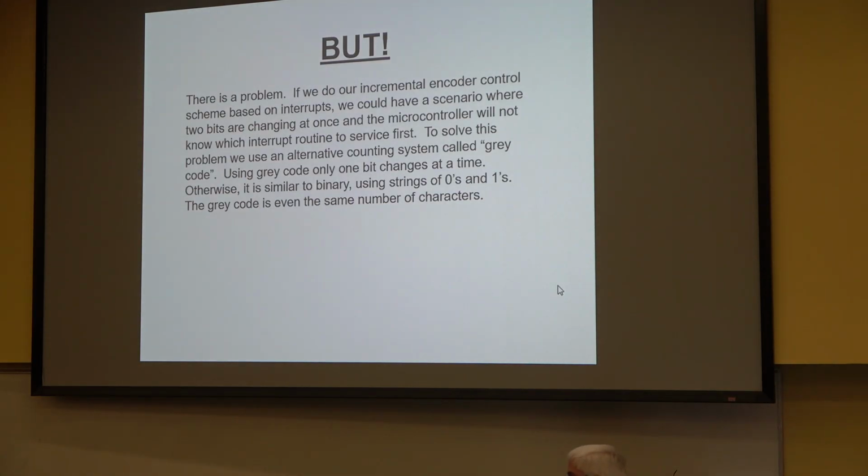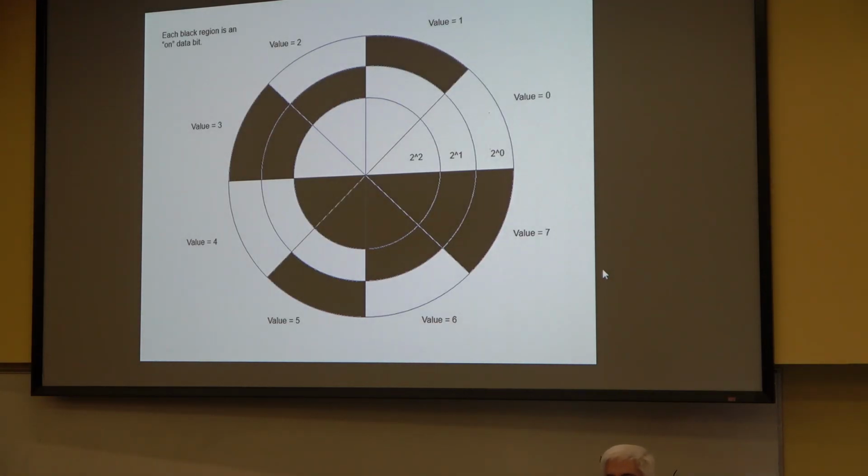But there's a problem. And the problem comes right at the value of 3. The problem you run into is that you've got two tracks changing simultaneously.